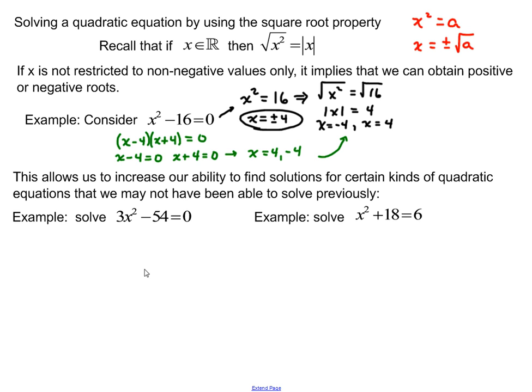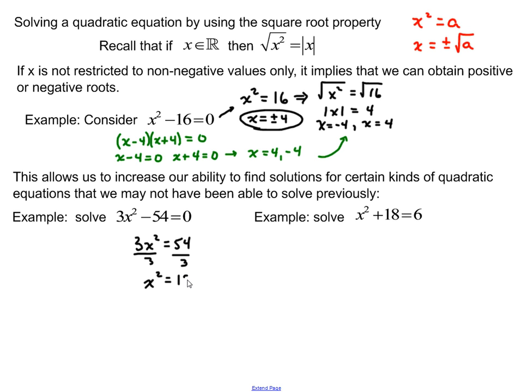And we can use that to our advantage right here when we take 3x squared minus 54 is equal to 0, which is to say that 3 times x squared is equal to 54. And dividing both sides by 3 gives us x squared is equal to 18.